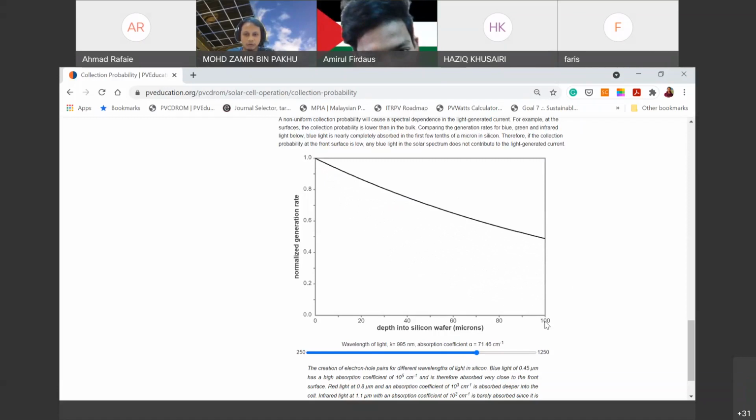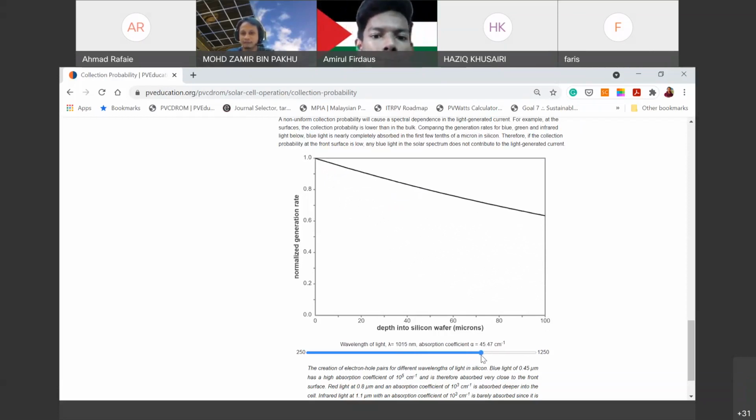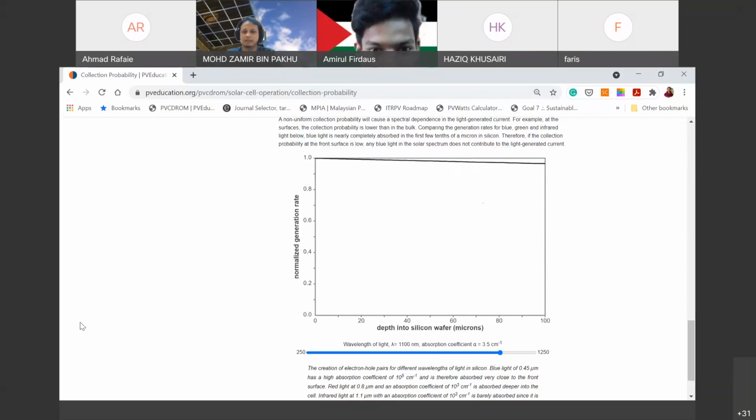Wow, you can see now the scale on the x-axis is only 100 micron, and the profile is now beyond 100 microns. That means you need a very thick silicon in order to completely absorb the wavelength. You can play with this later. Okay, 1100, I stop there.